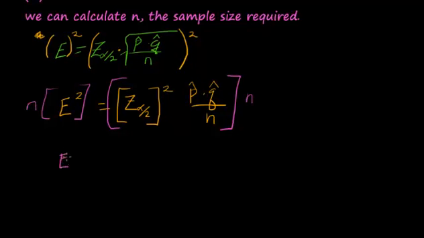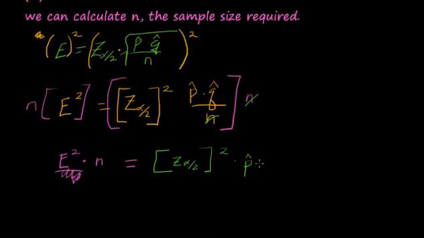E squared over n, times n, times n, not over n, because we multiplied right here. Now over here, notice what happens to n. These n's cancel out. So all I have left is z alpha over 2 squared times p hat times q hat.